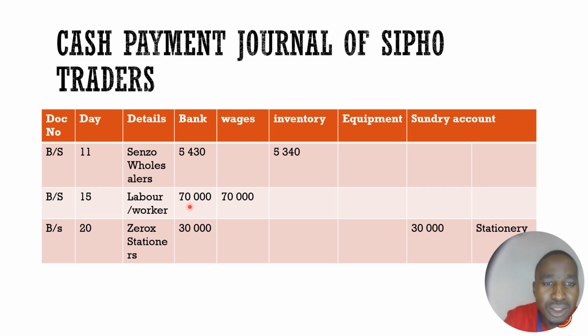So you have to write 30,000 rands under the bank column. Now, you see we don't have a special column for stationery. So it means we'll write under sundry accounts. There it is, stationery for 30,000. All right, we are done with that transaction.